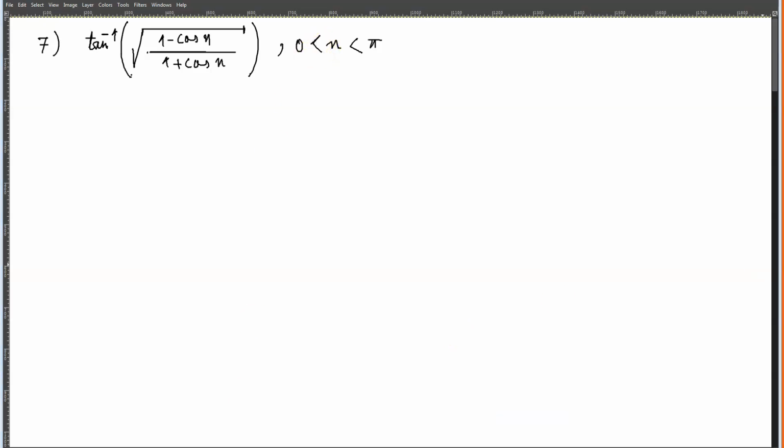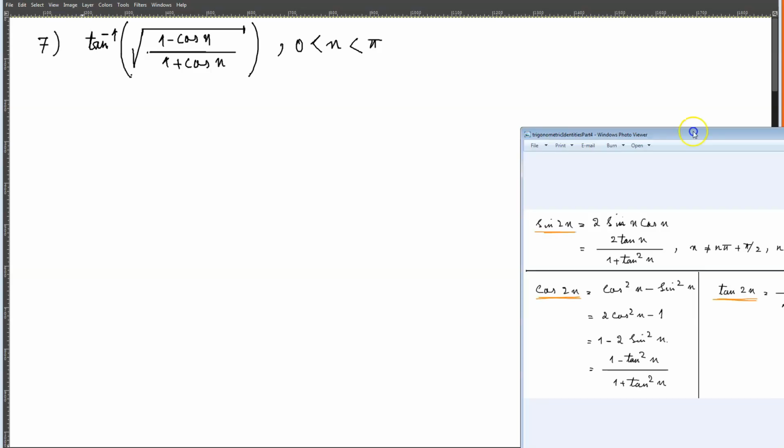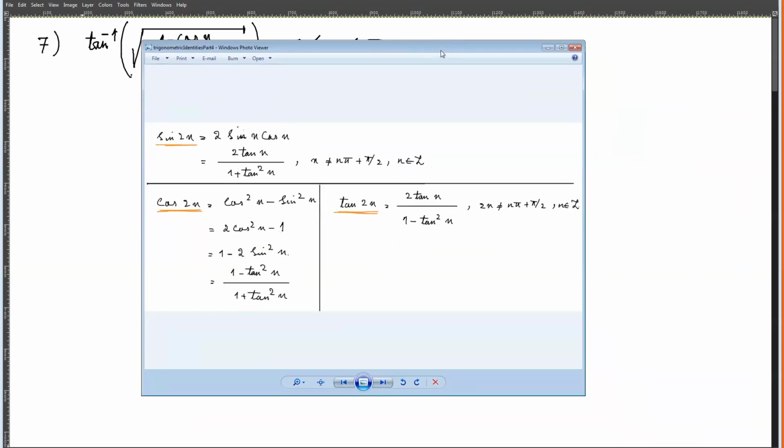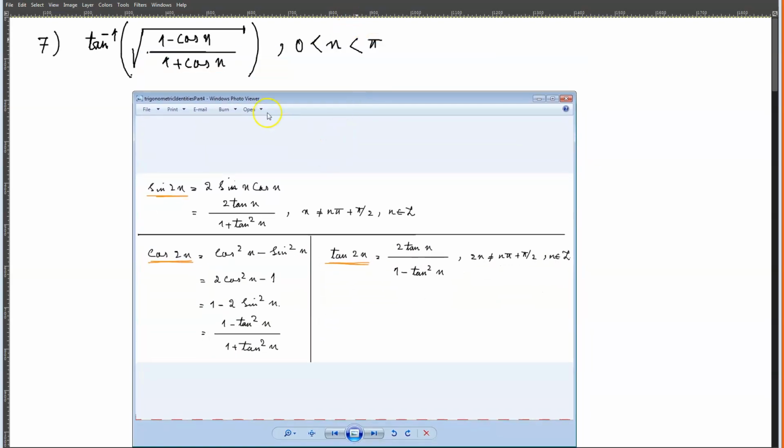So you need to be looking for something like cos of 2x, and over here we have a minus 1, so you would get 1 plus cos of 2x.